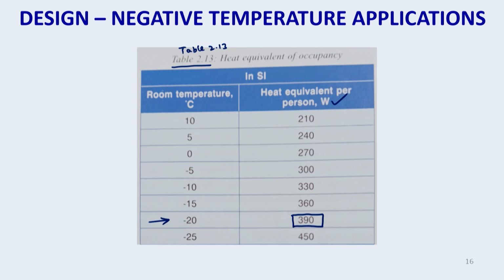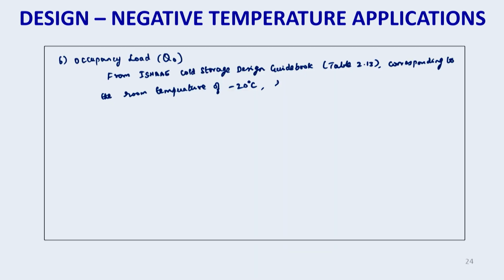Here it is room temperature in degree centigrade, and the heat equivalent per occupant is 390 watts.